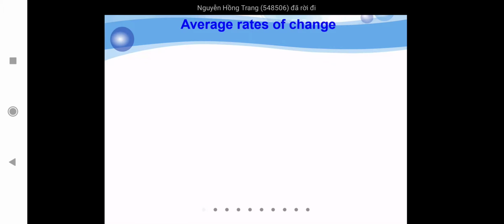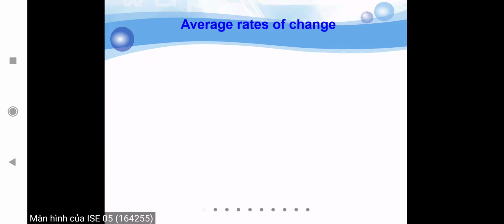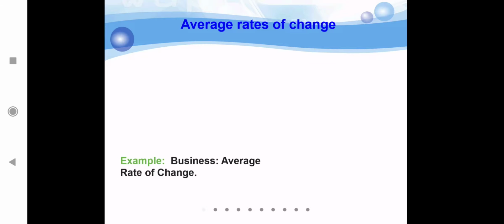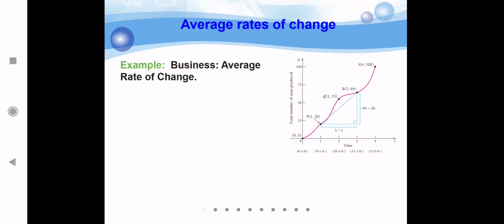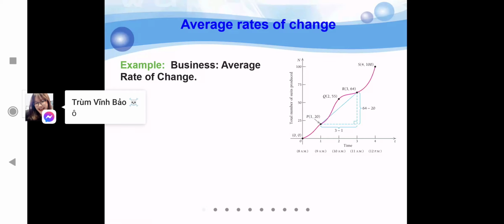Now first of all, we talk about the average rate of change. So you see this picture: the red line is the graph of the function y equals f(x).